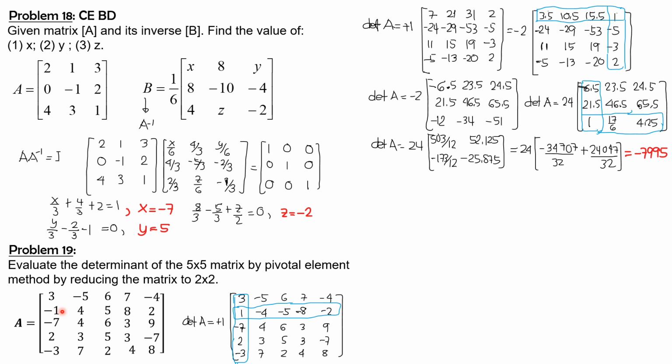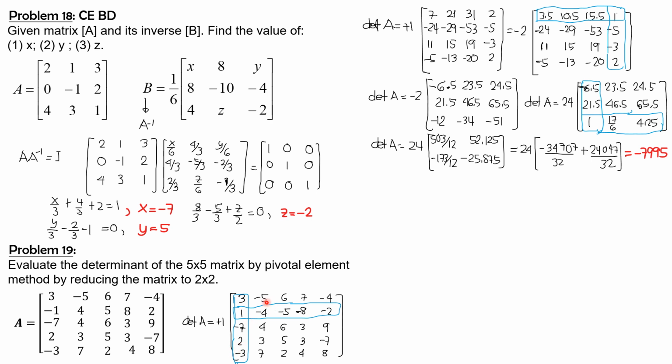So this is minus supposedly after we factor out negative 1, but because the sign assigned to this is negative also, negative of negative 1 is positive 1. But it was negative 1 that is factored out. So that's why this is 1, negative 4, negative 5, negative 8, negative 2. So let's make this the pivot element, reducing the 5 by 5 matrix into a 4 by 4 matrix.